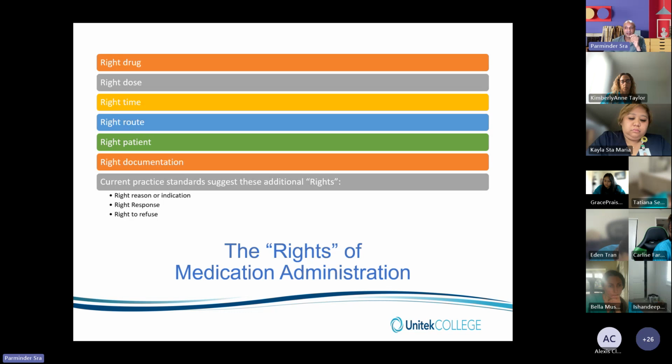Okay, and then comes your right documentation. Whatever you did, you need to enter it. If you give an injection, you need to write down the dose, the route, the time, and any patient response in your EHR. On top of these, you should also look into the right reason or indication that it's written for.